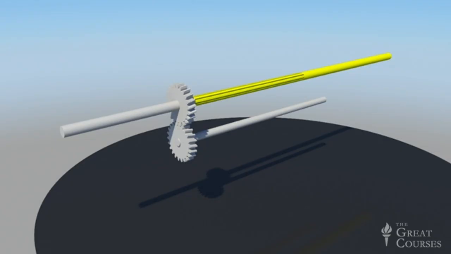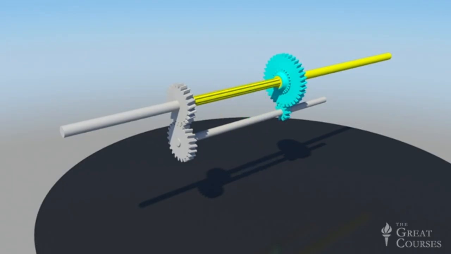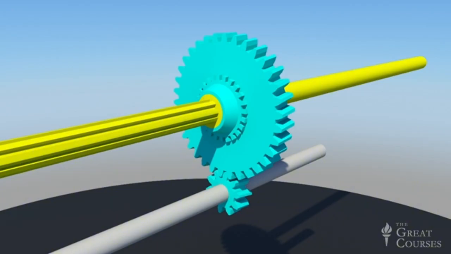Now, arranged along the lay shaft and drive shaft, we'll see 3 other pairs of gears, corresponding to first, second, and third gear on the shift lever. To keep it simple, we'll start by focusing on just the first gear pair. Note that the driving gear on the lay shaft is significantly smaller than the driven gear on the drive shaft, providing the increased torque and decreased speed we'd expect from first gear.